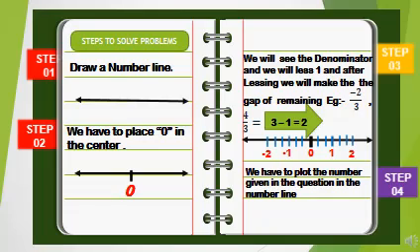It is neutral. Now our third step is a very important step. I have seen many students make mistakes in this step. So students, please focus on this third step. In this, we have to see the denominator and we have to subtract 1 from the denominator.